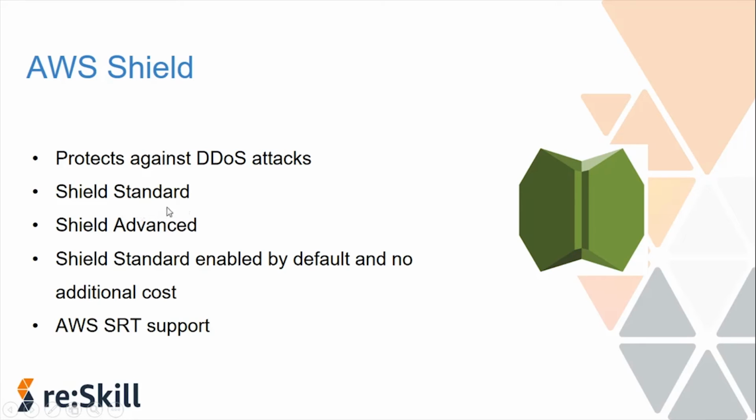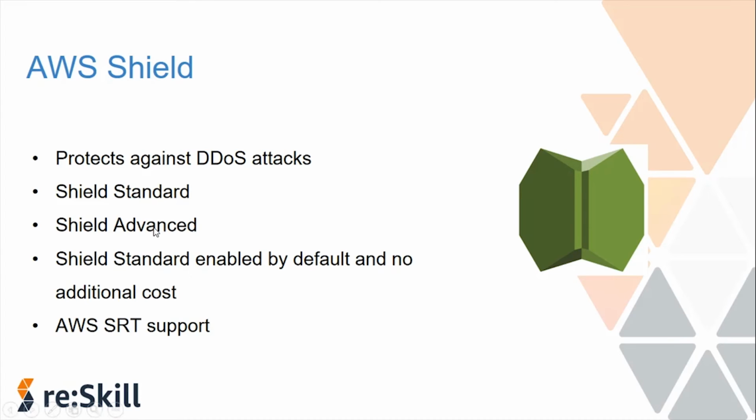But if you are not satisfied and you want even stronger security and even more advanced features for your architecture, then you have Shield Advanced, which is a paid service. It is quite costly, but the reason is that it gives you really advanced security features. It provides detailed attack diagnostics and the ability to detect and mitigate sophisticated DDoS attacks.